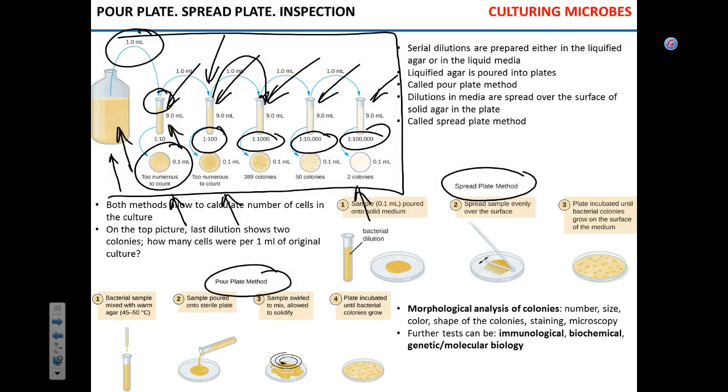They're all going to fuse. It's going to be just a massive growth. And as you move down with the dilutions, you start to see separate colonies. And eventually, I can barely see it here, but there are 2 colonies on this image. Which means in the 100,000 dilution, you have 2 colonies.